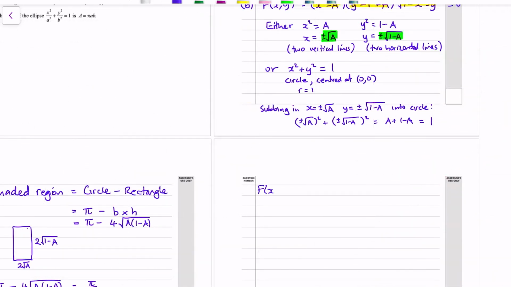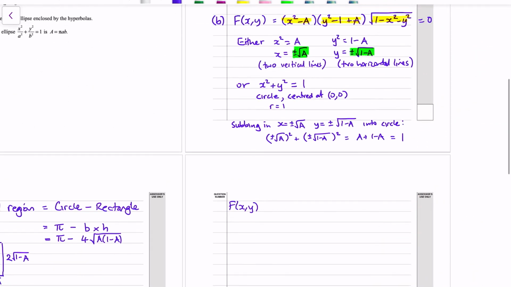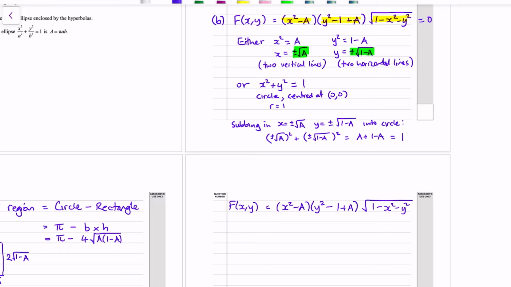This f of x, y function, which is equal to (x squared minus a)(y squared minus 1 plus a) times the square root of 1 minus x squared minus y squared. And this thing here is always positive. But the overall sign of this function depends on the first two factors.